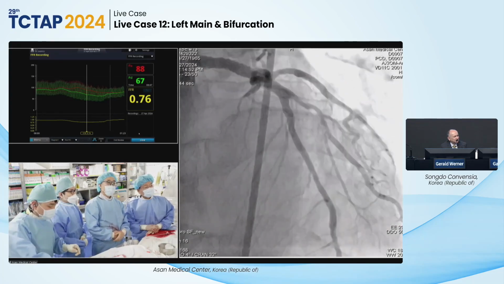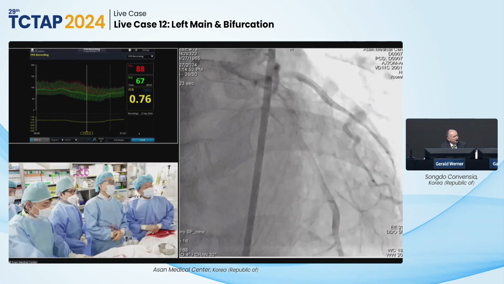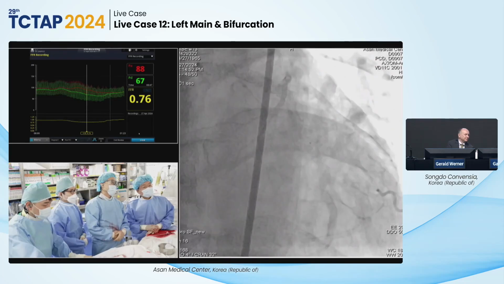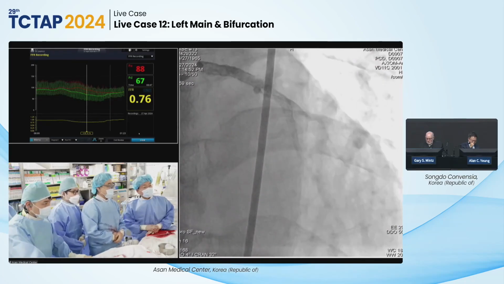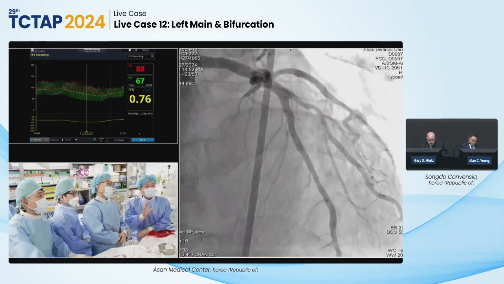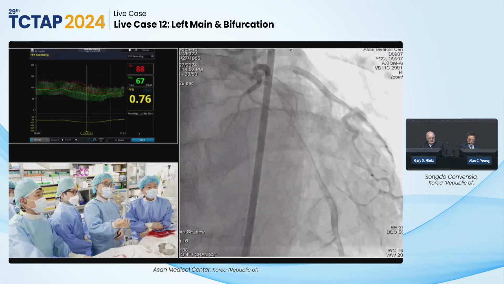You don't even need to cover the ostium of the diagonal. You can just leave the stent and avoid a bifurcation. Yes, you mean Professor Werner's stent in just the middle part of the diagonal branch. So another opinion is to just leave it alone, without an additional stent in the diagonal branch.